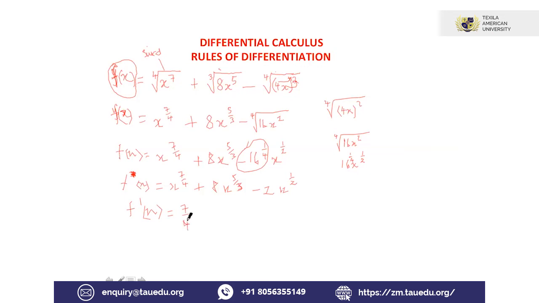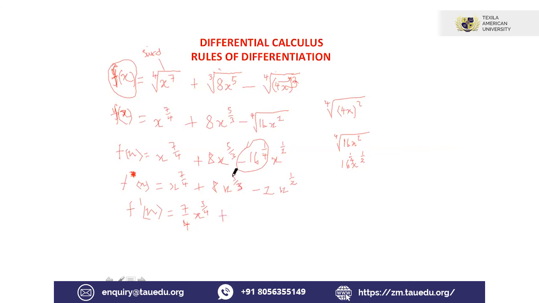Then x, we subtract 1 from 7 over 4, which will give us 3 over 4. Guys, use your calculator and check my values. We are not using our calculator here, we are just trying to use our brain to do the calculation.